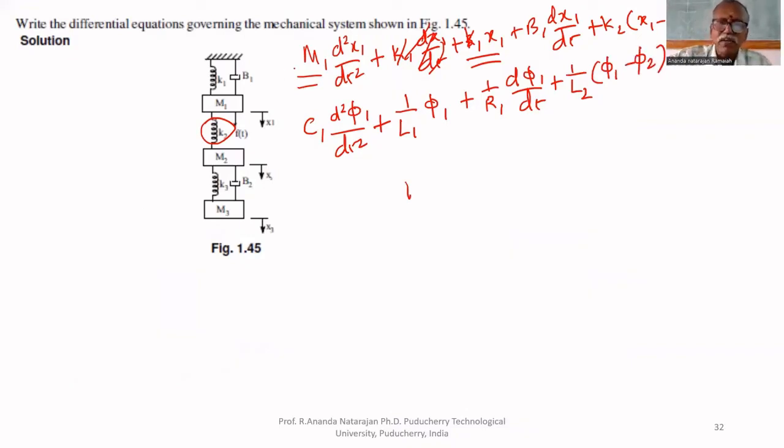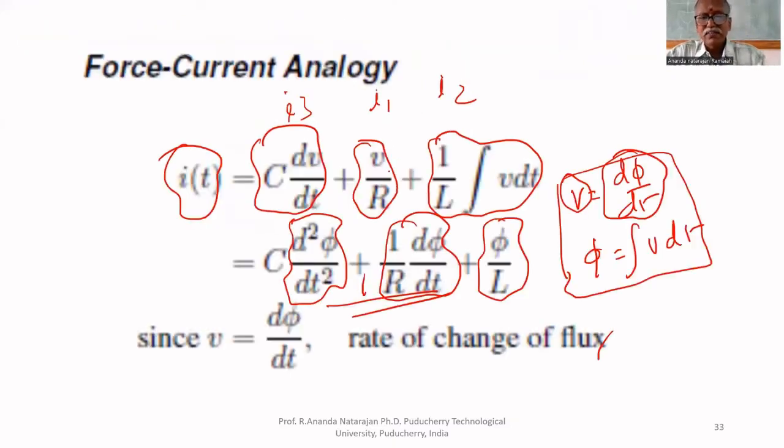Now we have to write in terms of voltage. D phi by dt equal to what? Voltage. Therefore, C1 dV1 by dt plus 1 by L1 phi, where phi equal to integral of V dt.